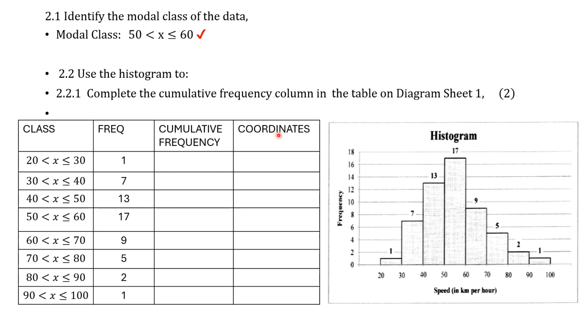I've added a column for coordinates. Looking at the frequency: 20 to 30 has frequency 1, 30 to 40 has frequency 7, between 40 and 50 frequency 13, 50 to 60 frequency 17, between 60 and 70 frequency 9, between 70 and 80 frequency 5, between 80 and 90 frequency 2, and then we had one speed freak here, 90 to 100. Remember, this is speed.